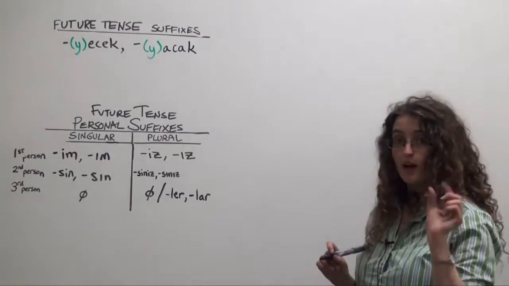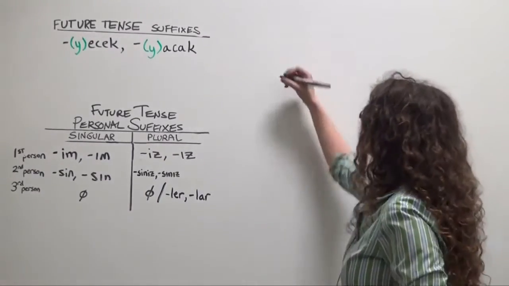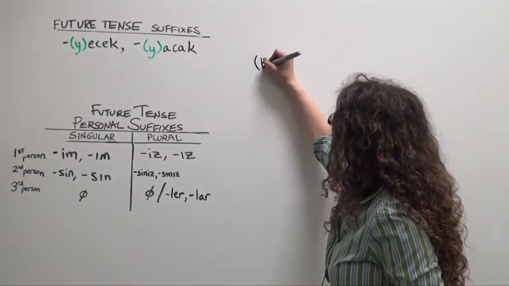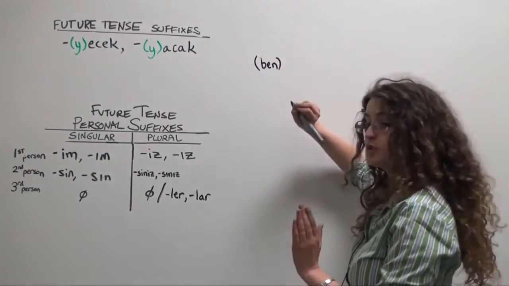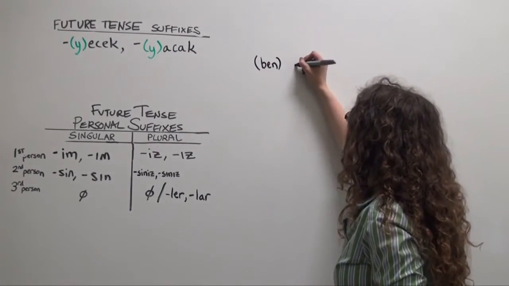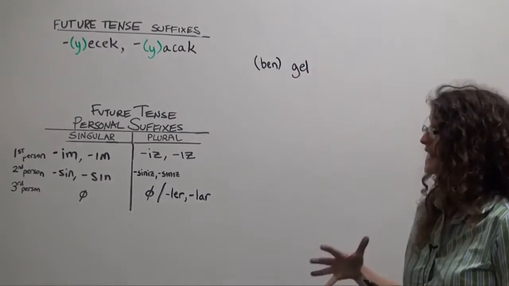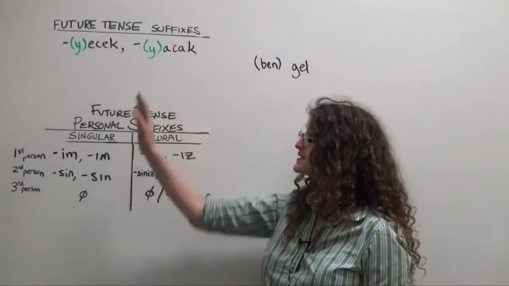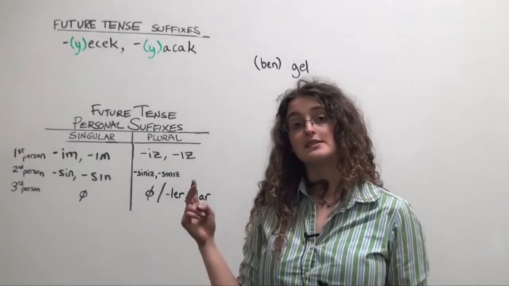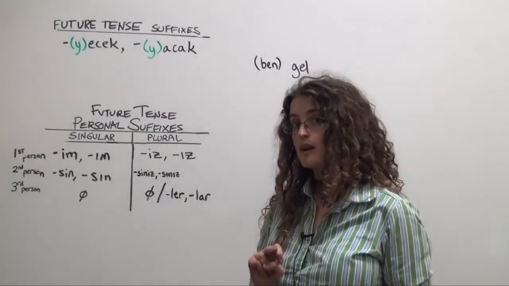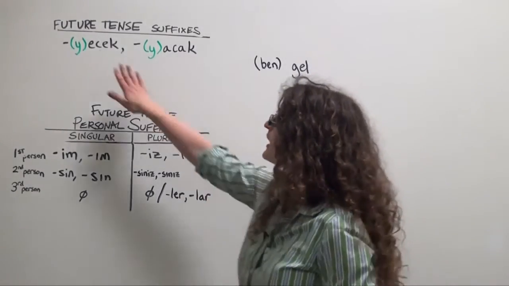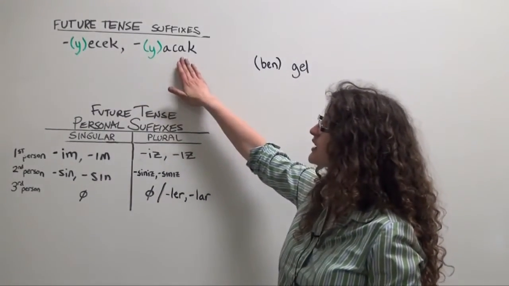We'll start with our verb stem, gel, then optional pronoun, ben, gel. Now to gel, we'll simply attach the appropriate form of the future tense suffix. As you can see, the future tense suffix follows the rules of two-way vowel harmony, so it can be either ecek or acak.